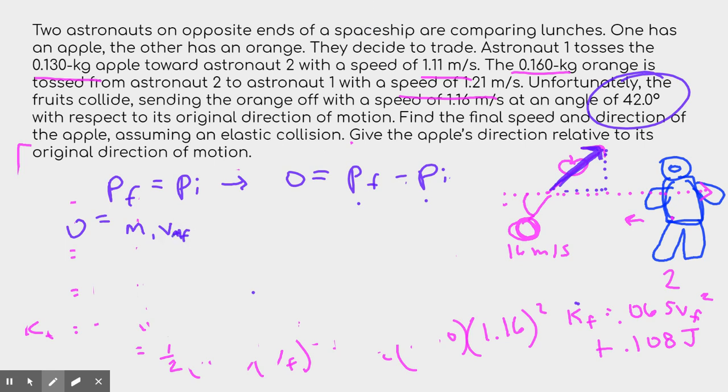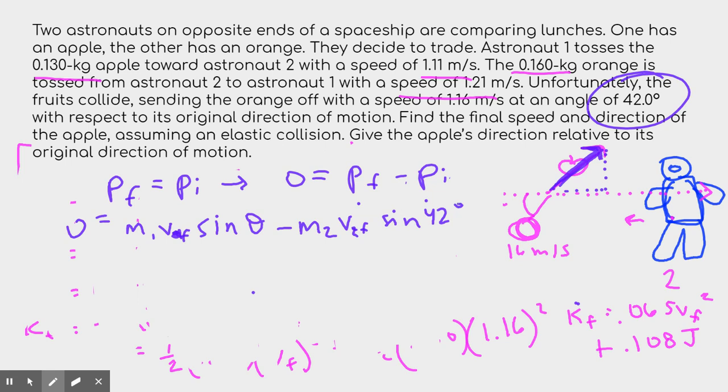Or you can say the orange, it doesn't matter. Orange, apple, we're about to look at both of them. We multiply that by the sine of theta, minus the mass times the velocity of the second one, whichever you choose that to be, multiplied by the sine of 42 degrees.